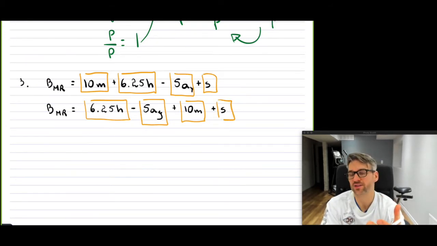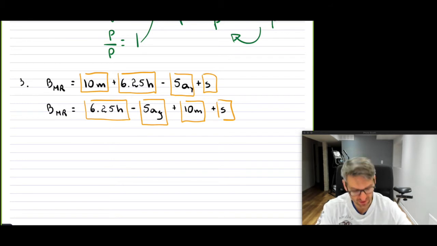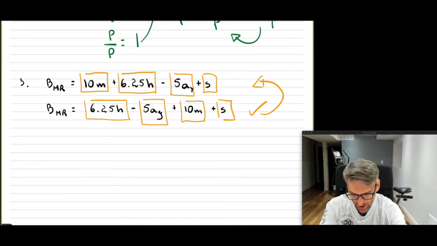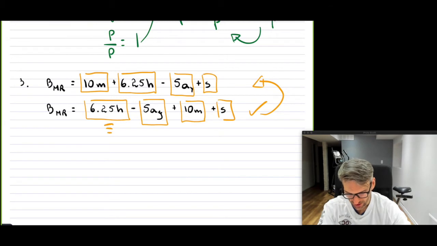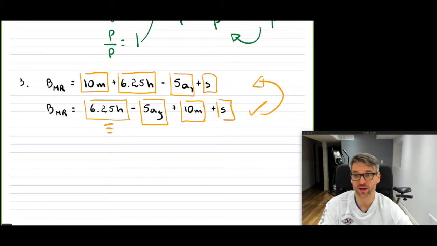That's something I want you to know, because if you rearrange a formula, you might get something like this, and then you look at the answer and it looks like this, and right away, because you see that 6.25h right here in front, you might be thinking, oh, am I wrong? And sometimes you might ask, is this correct? Well, the idea is you want to see if all the terms are lining up.